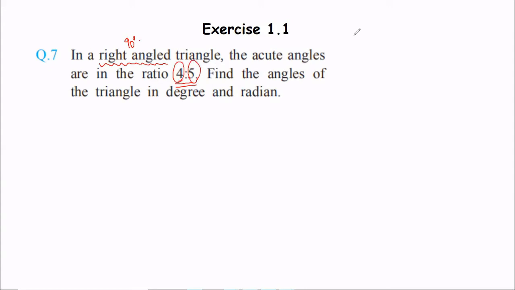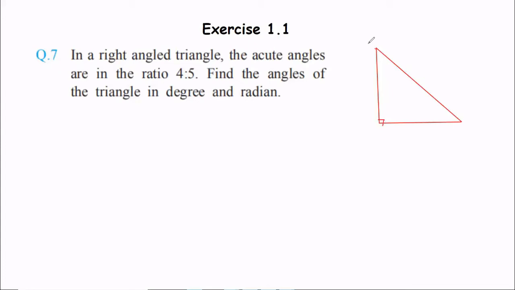So let's draw a right angle triangle first. Since they have specified that the given triangle is right angled, we will draw accordingly. So that's how a right angle triangle looks. The 90 degree was over here, so this particular angle is 90 degrees.